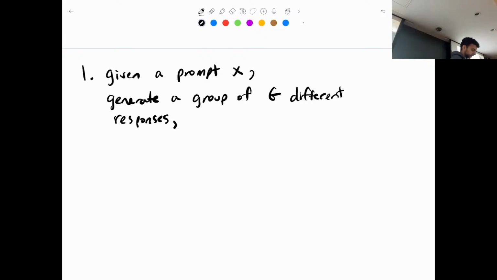So these could look like Y1, Y2, ..., YG. Generally this group size is between 4 and 32.